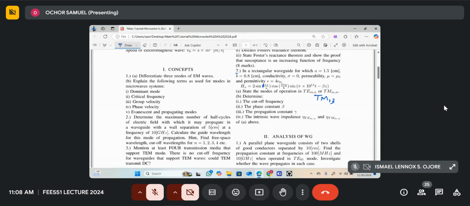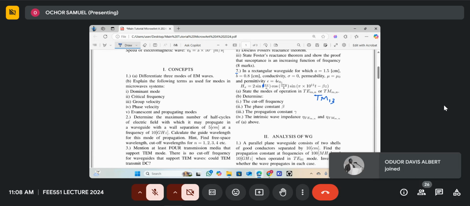Calvin, what's your thoughts on that? Okay. Seems that Calvin isn't in the meeting. Okay, so we are in consensus that it's TM13 or TE13.